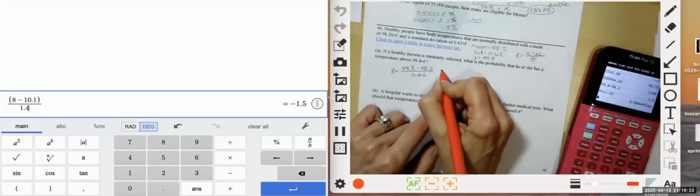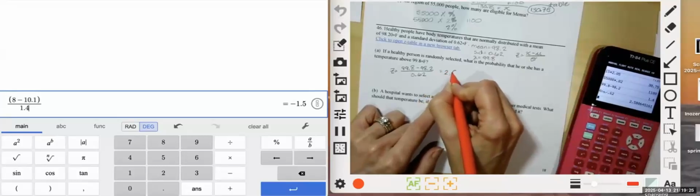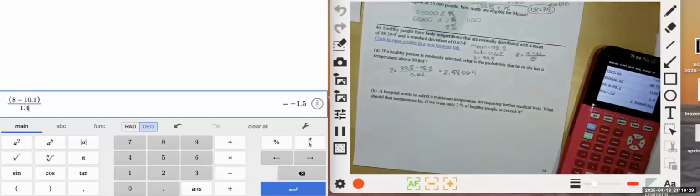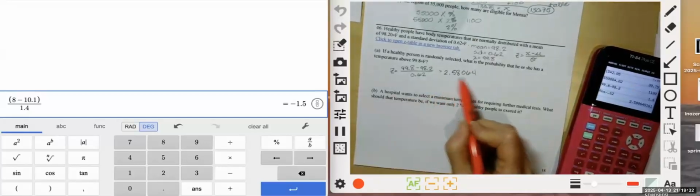So 99.8 minus 98.2 divided by 0.62. So I have 2.58064. Is this my answer?